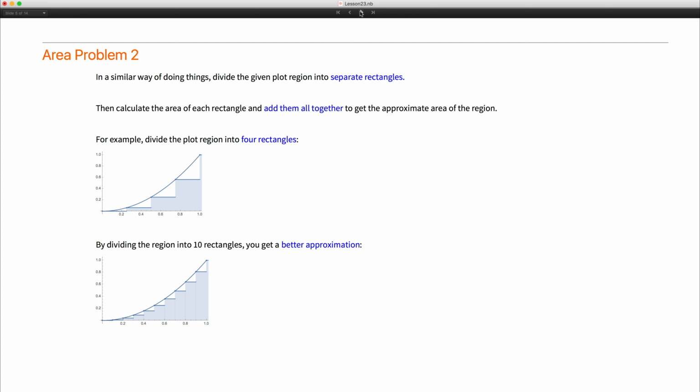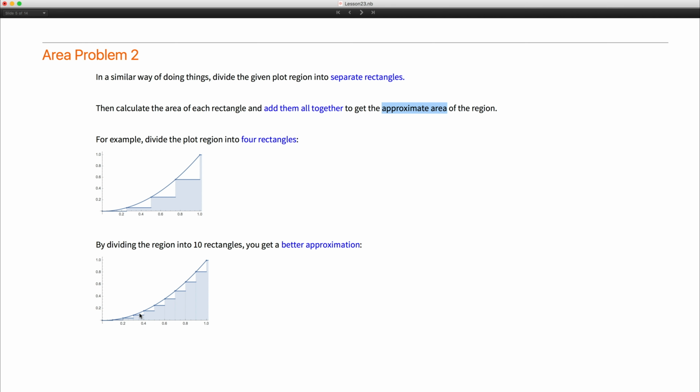A similar idea can be used for areas, namely you break up the area into separate rectangles, add up all those rectangle areas, and get an approximate area for the region. For example, if you take the same curve and break it up into 4 rectangles, you get the area approximately, but of course the white space tells you that there is some error in the approximation.